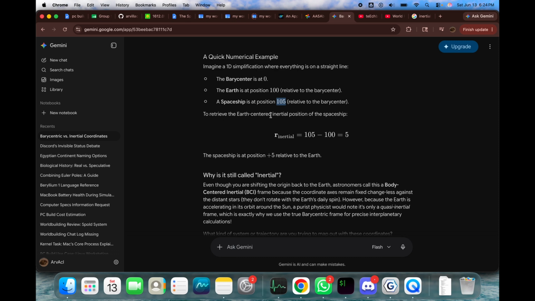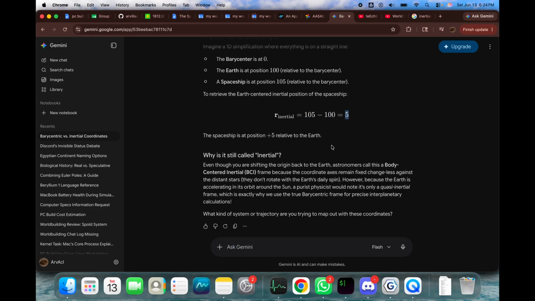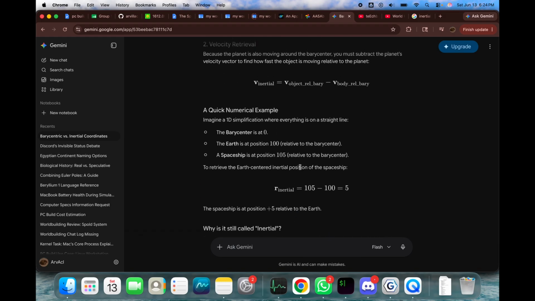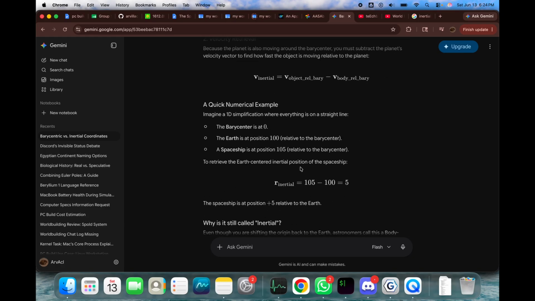To retrieve the Earth-centered inertial position, we just do this, plus 5 relative to Earth. It's still called inertial because you're shifting back to Earth. Up down is called the body-centered frame.